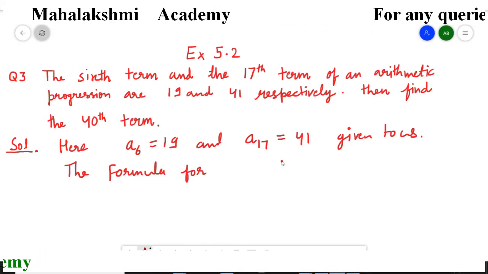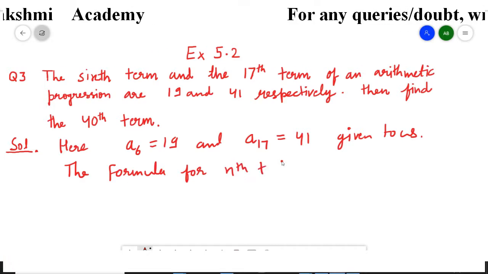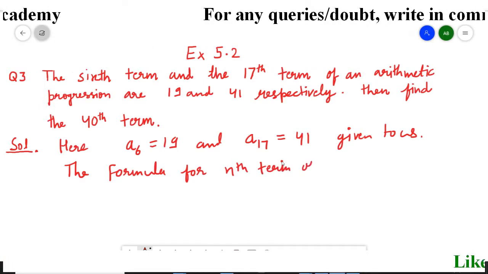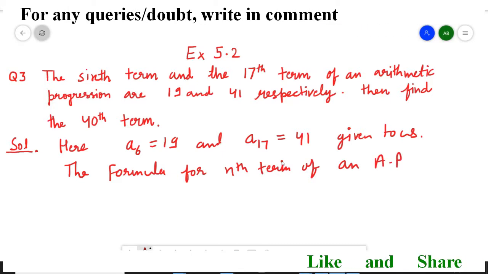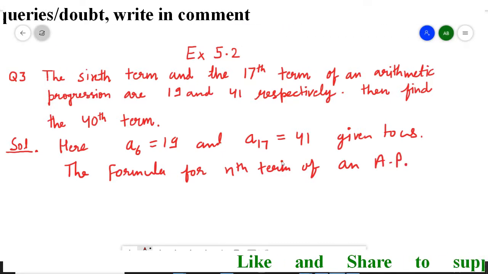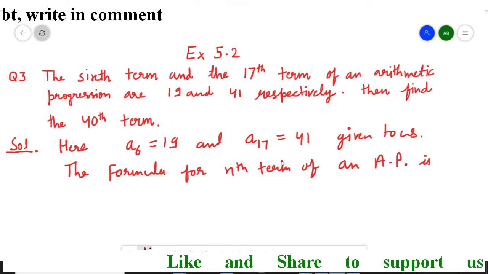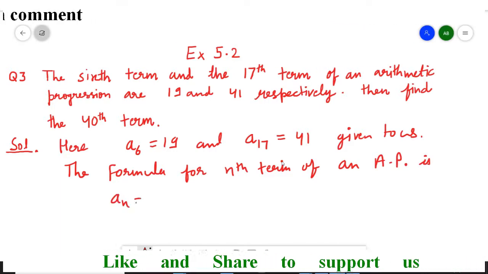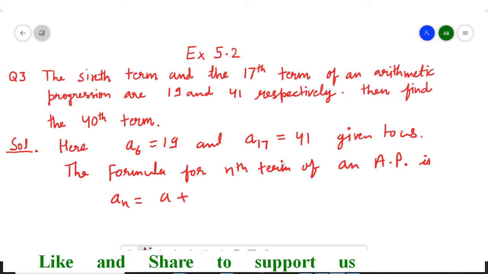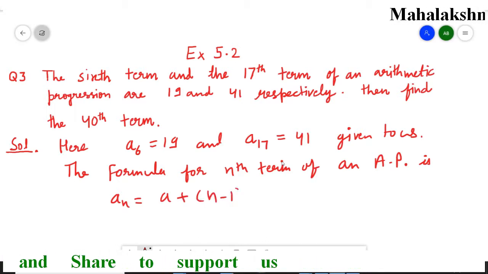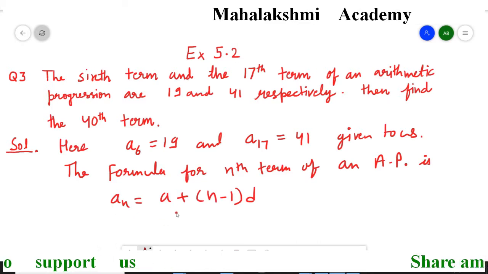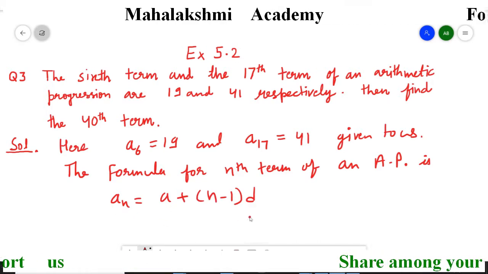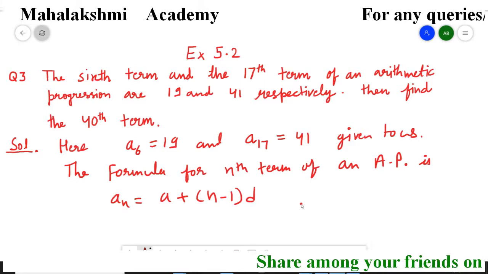The formula for the nth term of an arithmetic progression, short form AP, is an is equal to a plus n minus 1 d.